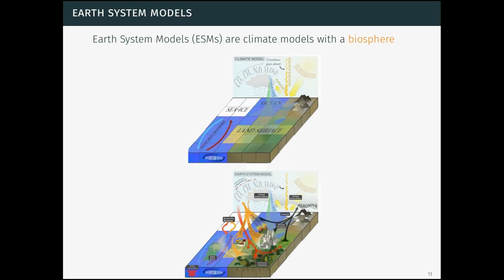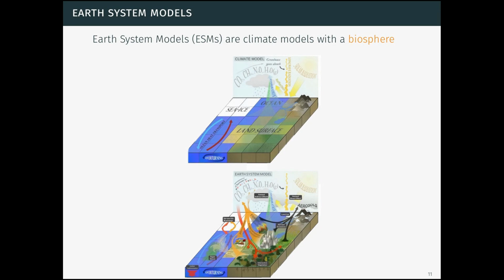So we have a more enhanced representation of vegetation and how those interact with the climate cycle. Also algae in the oceans, the effects of dust and aerosols in the atmosphere, fires, and a lot more complex processes that really matter beyond just the simple circulation of air and water in our atmosphere and our oceans. And so Earth systems models are a really key tool for looking at how land use and land cover change impacts the climate.